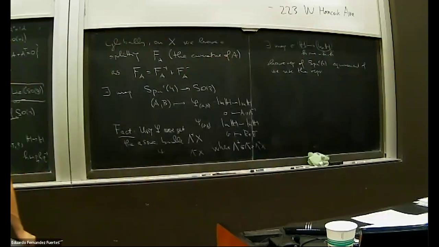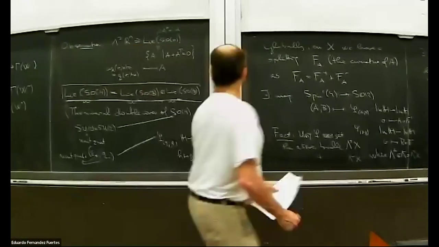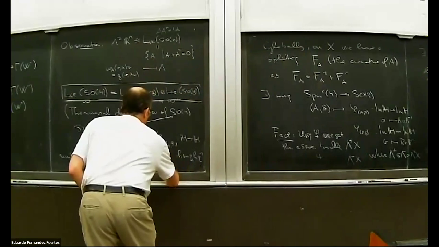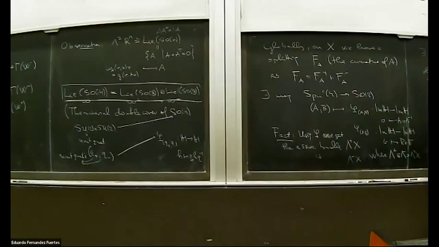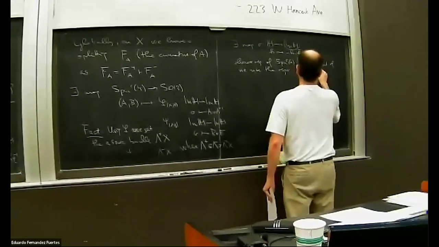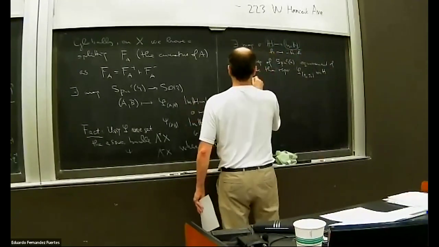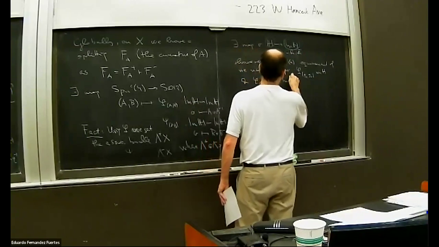So we have this representation, let's call it mu plus, or I call it phi, q plus q minus on H, and this one on imaginary H.